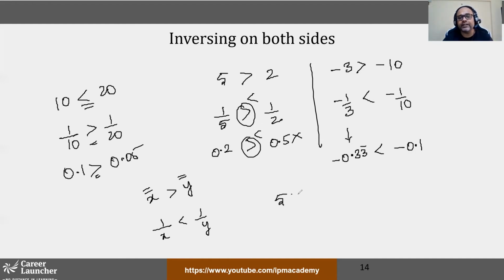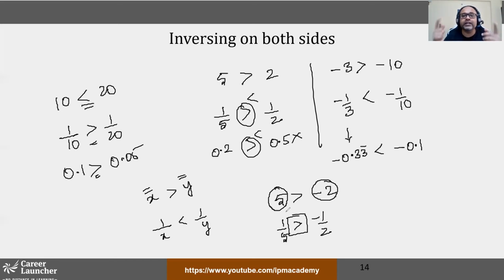If I write 5 is greater than minus 2, then I will keep the sign the same, because it is not about the magnitude comparison anymore. Now the left hand side is a positive number, the right hand side is a negative number. So the sign will not change anymore. So here inversing is a bit tricky. You can't blindly follow a single rule.